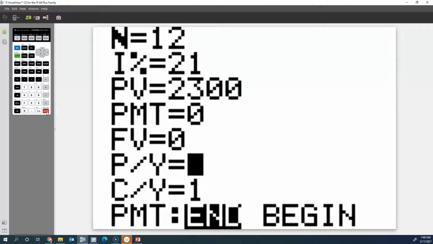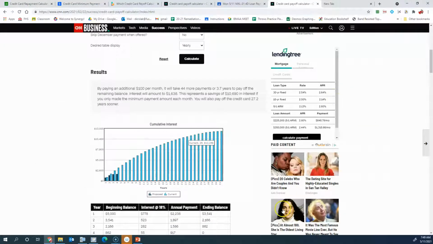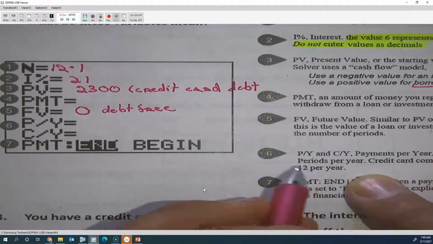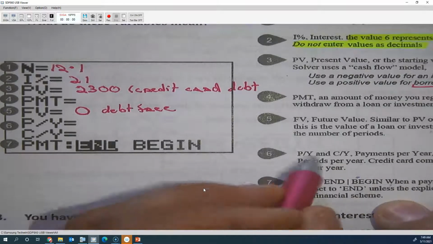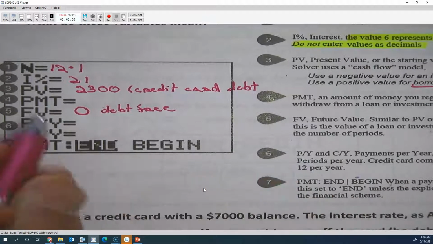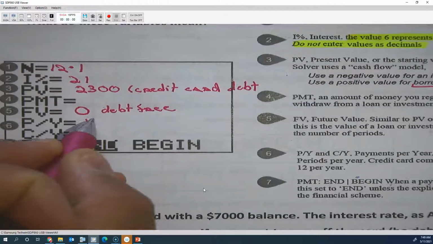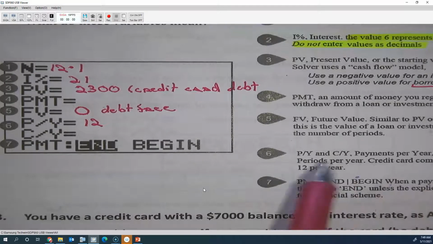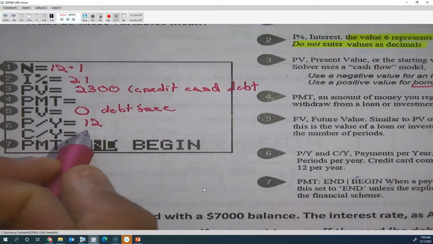P/Y stands for the number of payments per year. In this case it's going to be 12. And C/Y stands for the number of compounding periods per year, which is also 12.